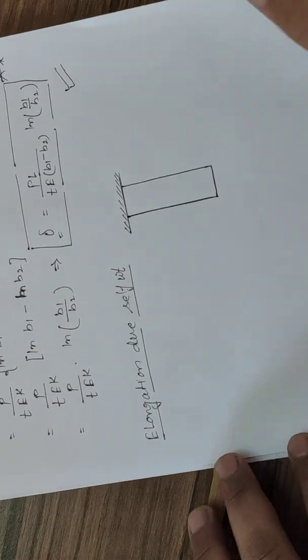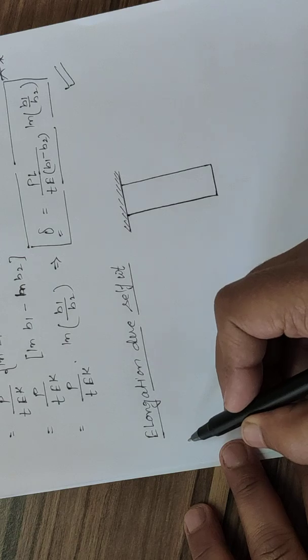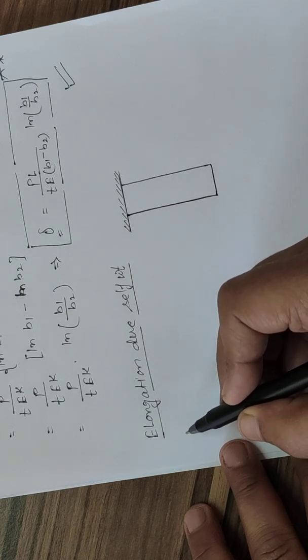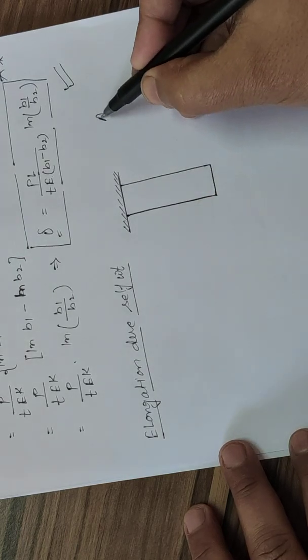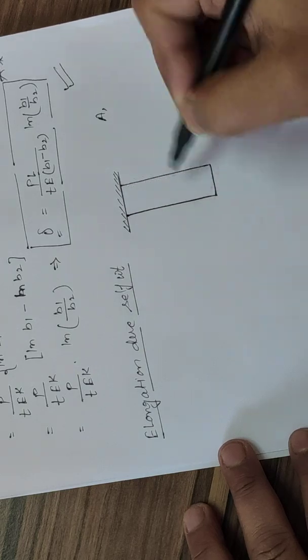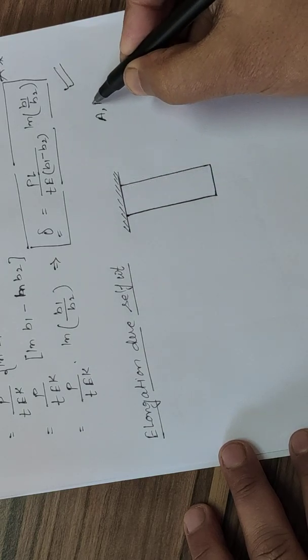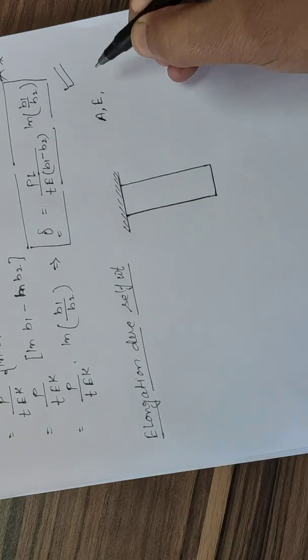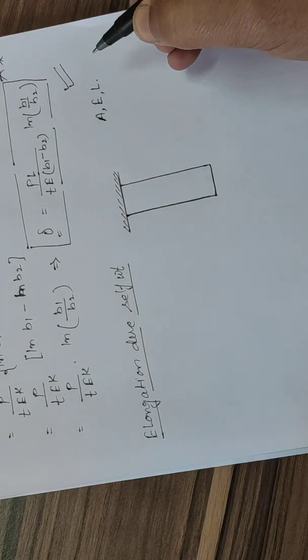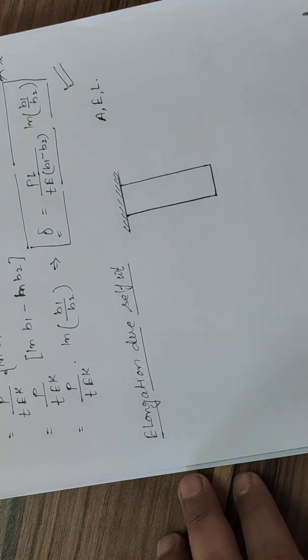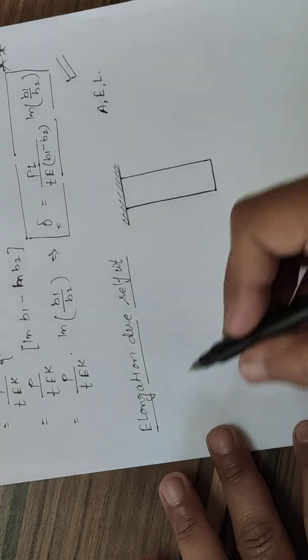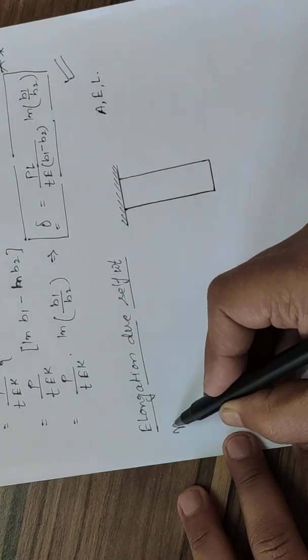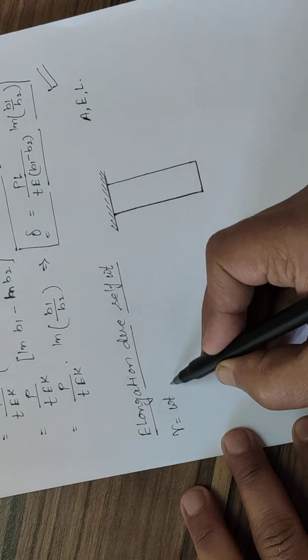Now, some quantities I am writing. Let us say A is the cross sectional area of this member. E is the material property of the material. L is the length of the member, and one quantity we are taking as gamma, where gamma is the weight density.